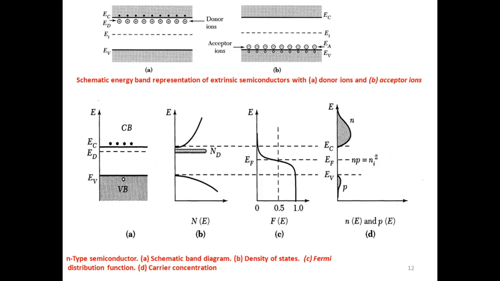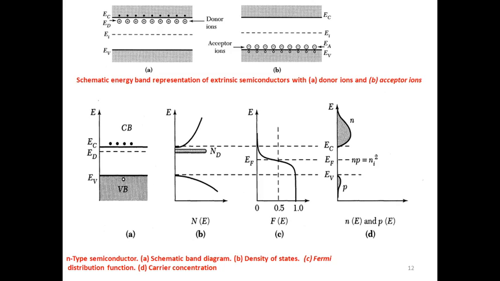From this figure, we already studied the energy representation when we have donor ions and acceptor ions. Then in the figure below, we show the band diagram, because we already went through the intrinsic semiconductor, how it behaves from the band diagram to the carrier concentration.